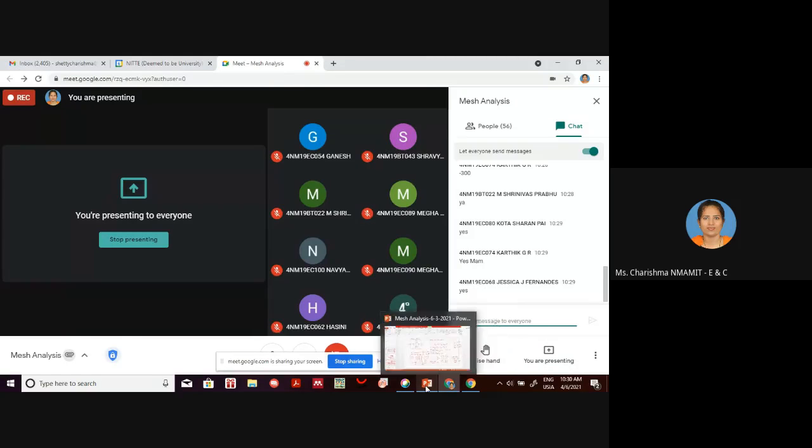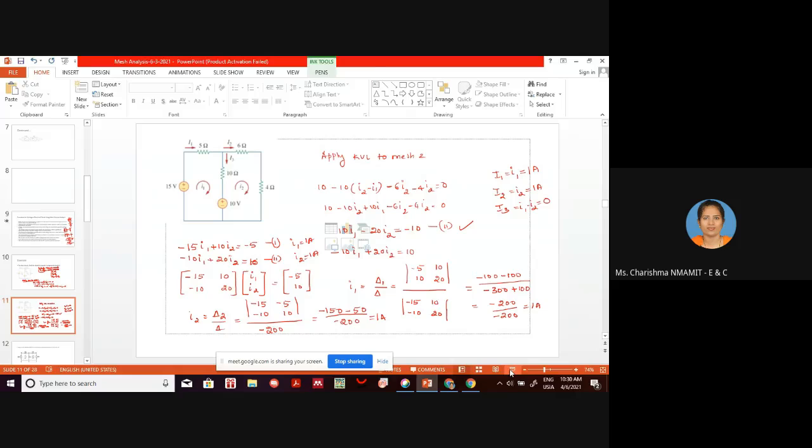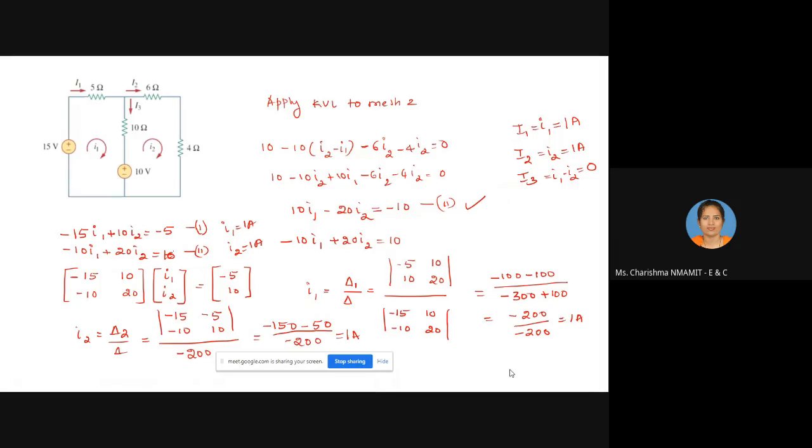So if you have a 3 cross 3 matrix, find out the determinant, that will give you delta. Delta 1 by delta will give you I1. I2 is delta 2 by delta. That is, replace the first column with the right hand side coefficient and find the determinant, that will give you delta 1.